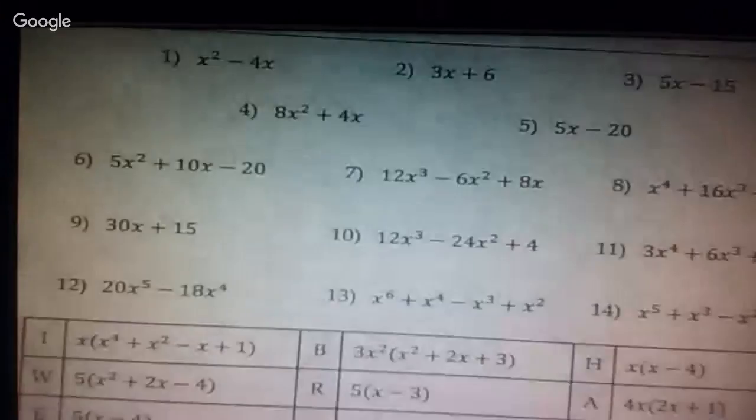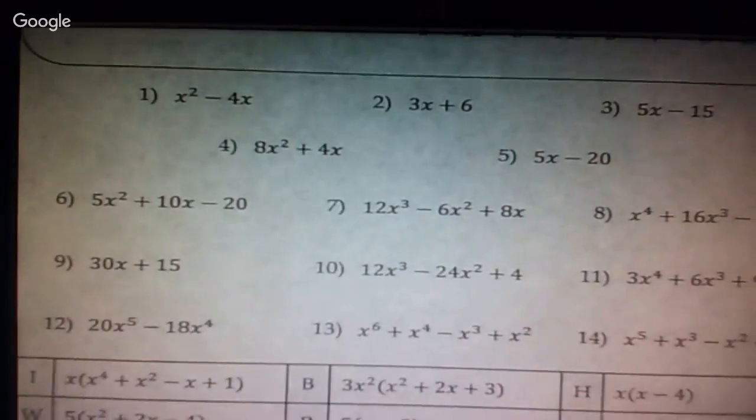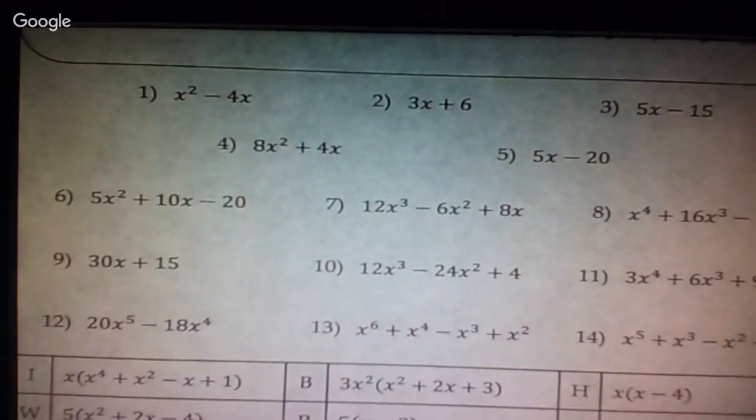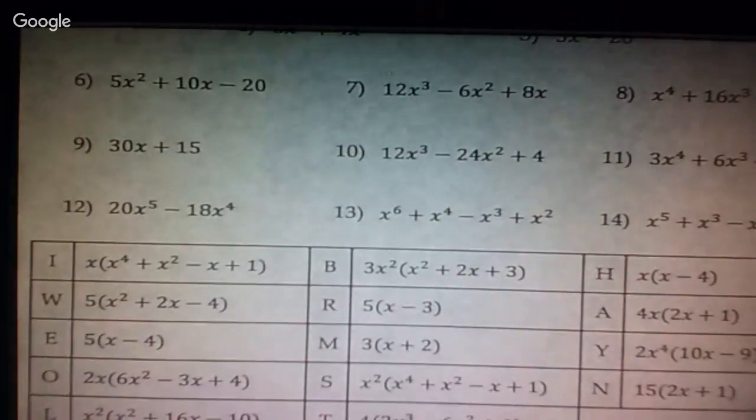Okay, so I need you all to be working on this right now. Listen, please. You have 14 problems. You are pulling out the greatest common factor. You will find your answer below.